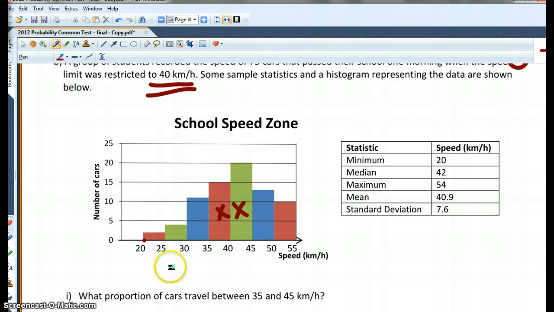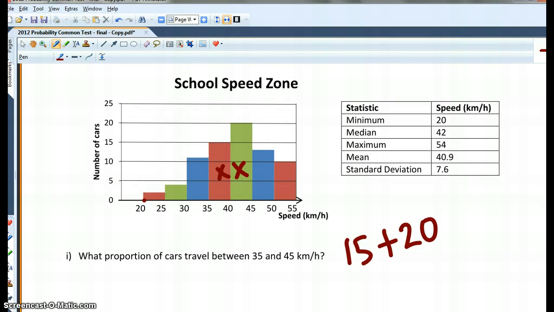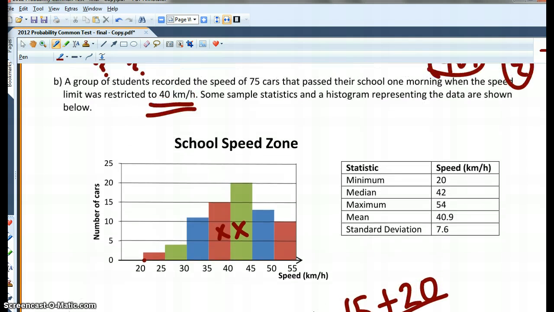Now how many are there? We've got 15 plus, how many is here? We've got 20. So that's the number of cars going between 35 and 45, but we need to divide it by the number of cars, and they told us there were 75 cars.